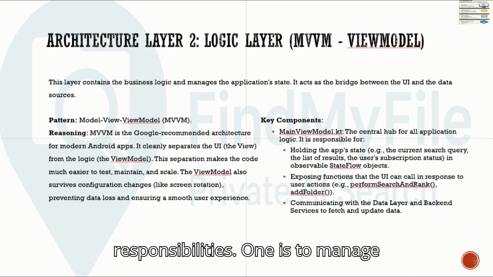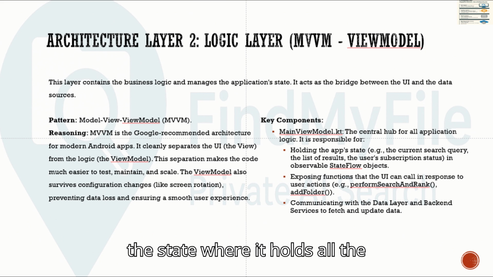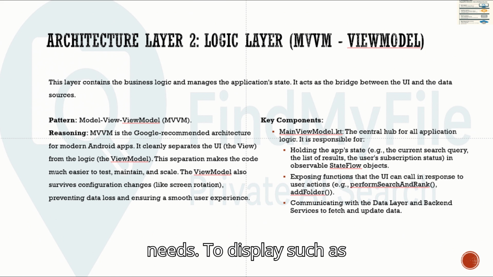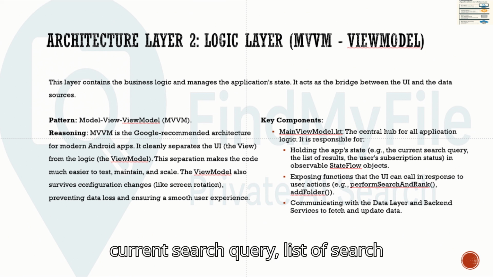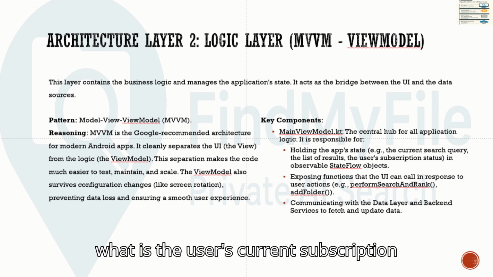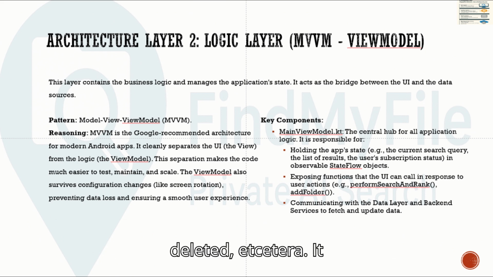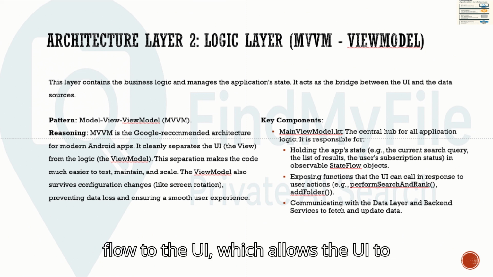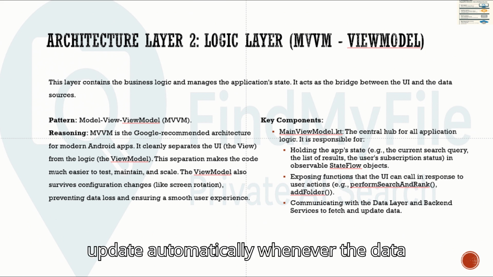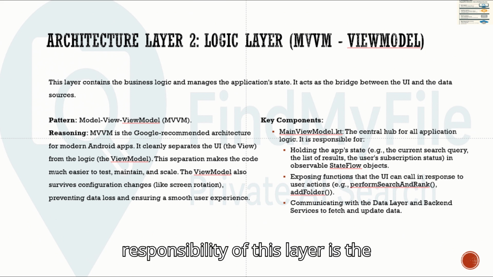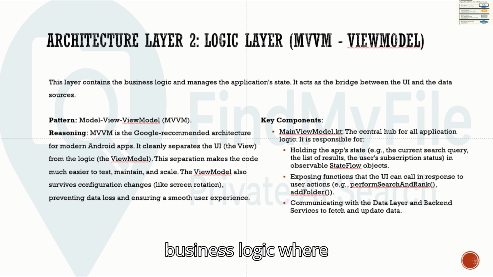One is to manage the state, where it holds all the important information that the UI needs to display, such as current search query, list of search results, whether a process is loading, what is the user's current subscription status: trial, subscribed, expired, deleted, etc. It exposes this kind of data using state flow to the UI, which allows the UI to update automatically whenever the data changes.